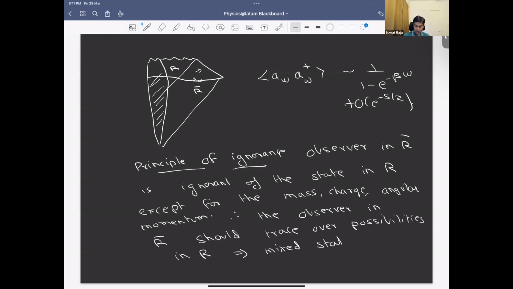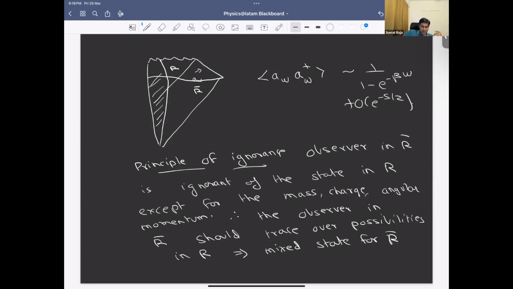So this argument is not relying on a brute force calculation of correlation functions. Rather, it's relying on the no-hair theorem, and on the causal structure of the space-time, saying that clearly the observer in R bar should trace over possibilities in R because of the causal structure. And in fact, Hawking said this is the basic principle of quantum mechanics, that the observer in R bar is ignorant of the state in R. However, now we've been building up to this for some time.